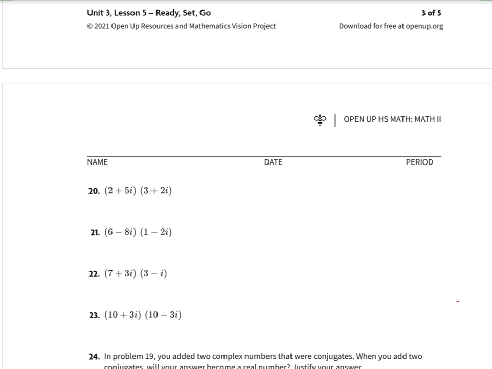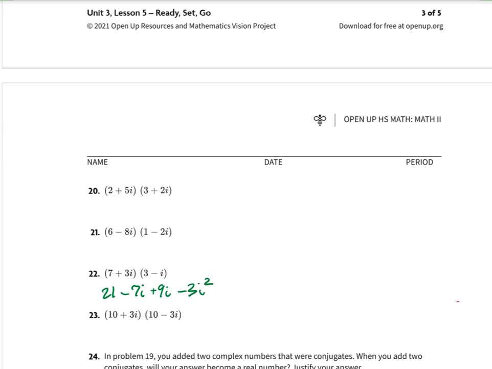It's going to be a little bit different, and I guess we'll get there. But first step, 7 times 3 is 21. 7 times negative i is negative 7i. 3i times 3 is 9i. And 3i times negative i is minus 3i squared.